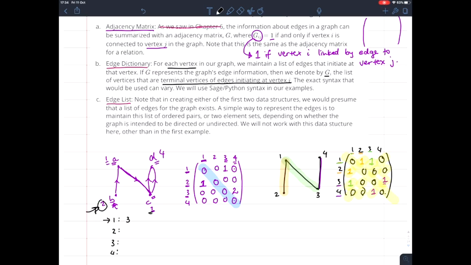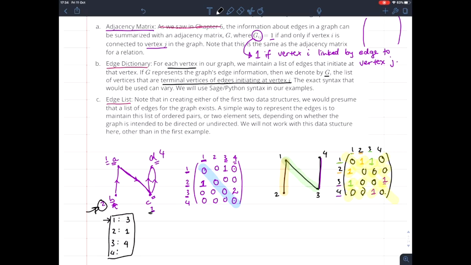If we look at 2, the only edge that initiates from 2 is the one that goes to 1. And from 3 we have an edge from 3 to 4, and we don't have anything initiating from 4. So this is not particularly useful notation.